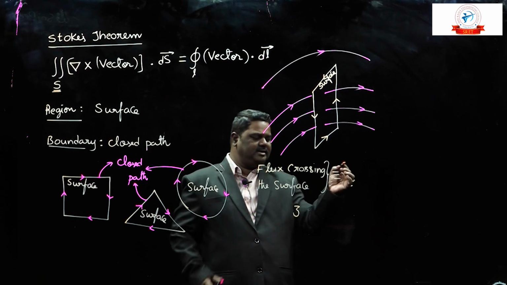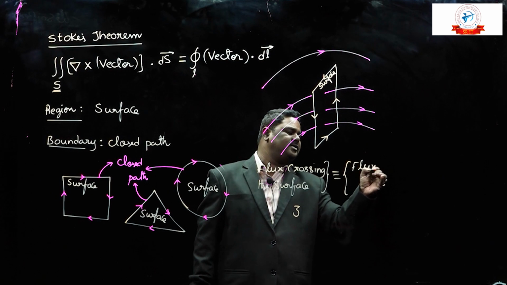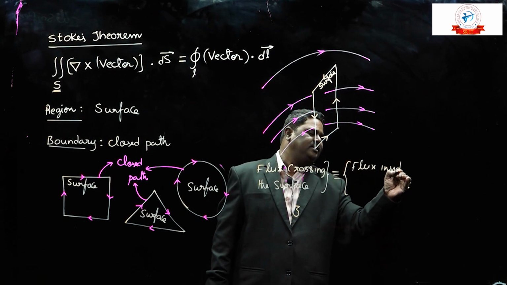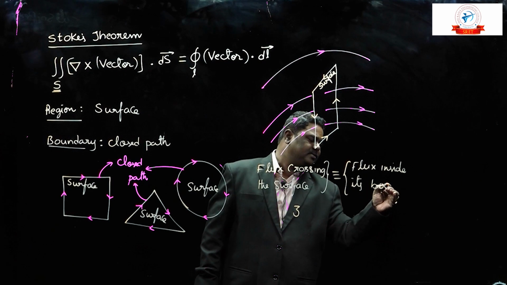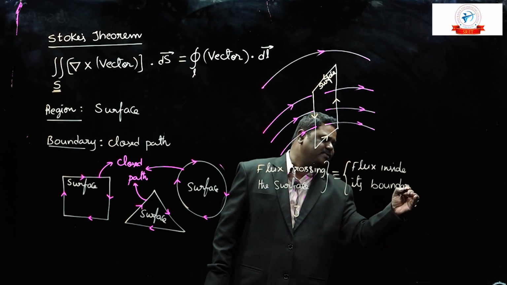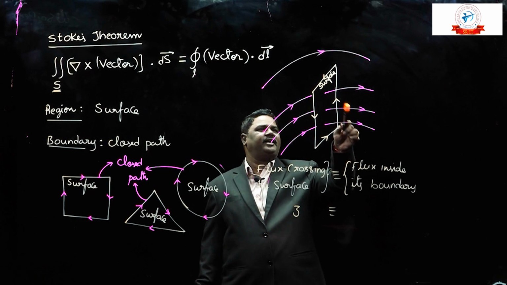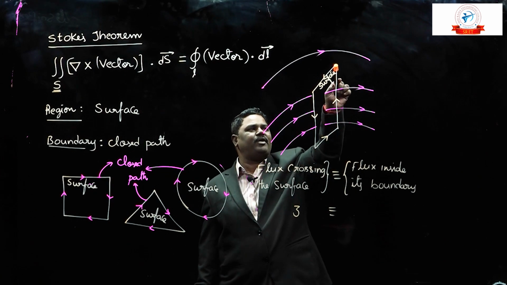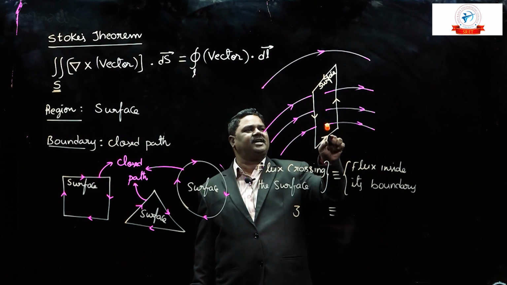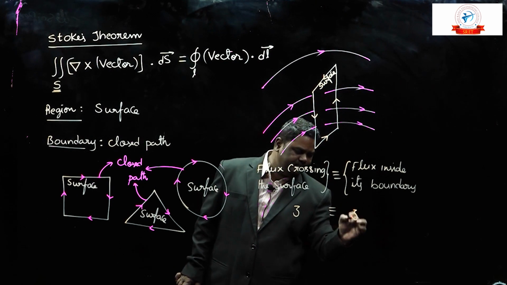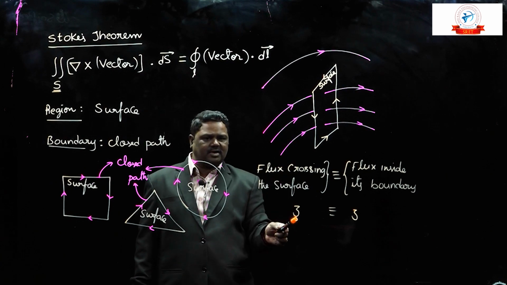So I will write here: flux crossing any surface is equal to flux inside its boundary. Or you may count how many flux lines are inside its boundary. How many flux are inside its boundary? 1, 2, 3. Three flux lines are inside its boundary. How many flux are crossing the surface? 1, 2, 3. Three flux lines are crossing the surface.